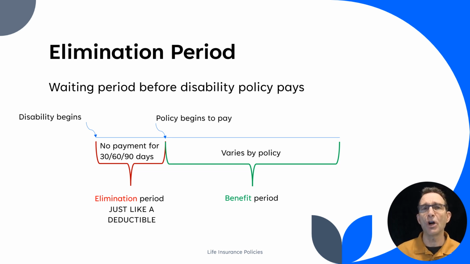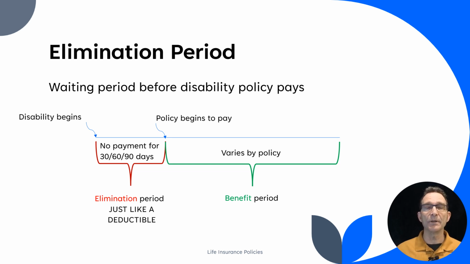Now, here in this chart, you can see on the left-hand side the disability beginning point. So that's the point where, say, you were injured, some sort of disability happened that prevented you from being able to go to work. How long this period of time is depends on what you choose or what your client chooses when they select a policy. So there are different elimination periods.